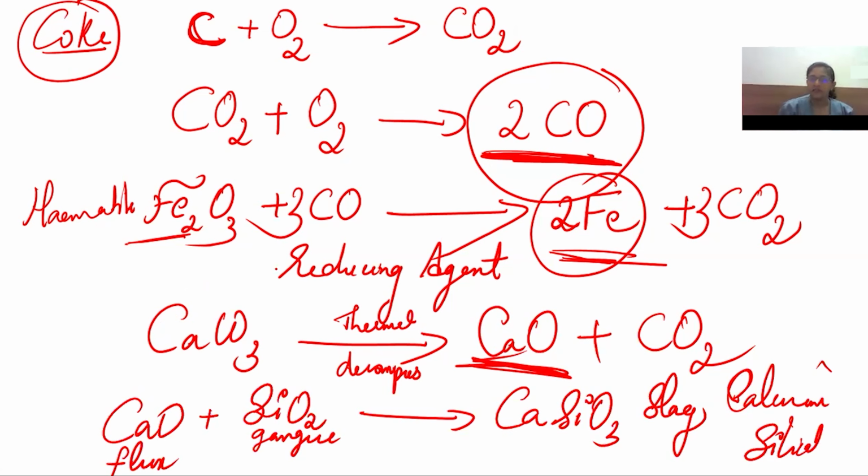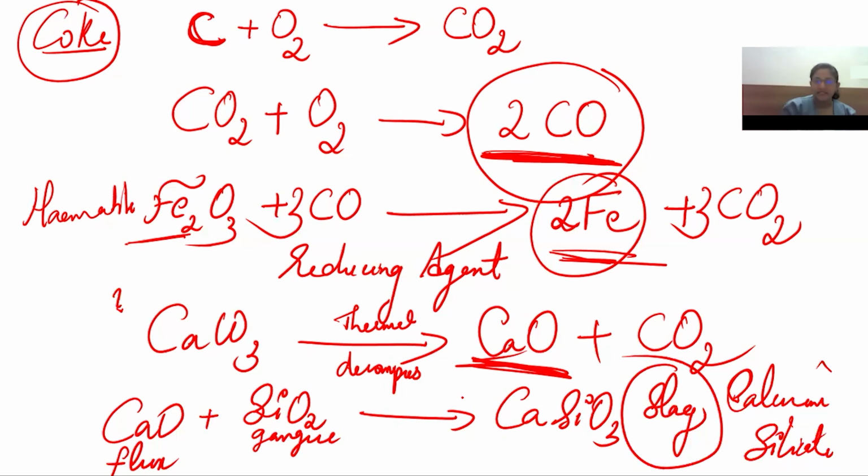So if a question is asked, what is the purpose of this calcium carbonate, we have to say that calcium carbonate is used to prepare our flux that is needed to remove the gangue impurity. So calcium silicate is our slag. Flux plus gangue is slag.